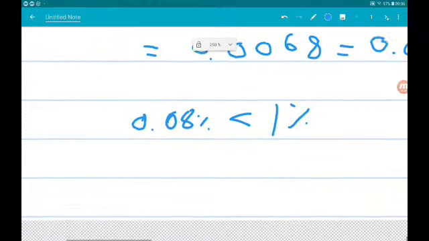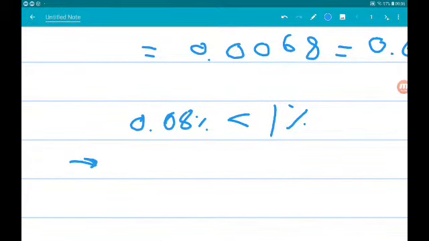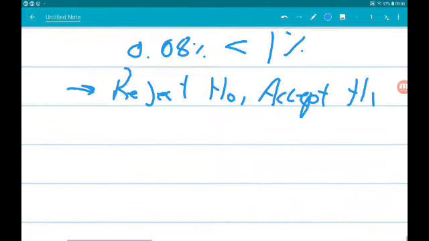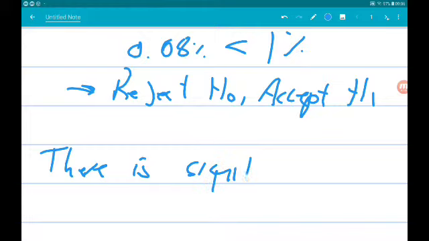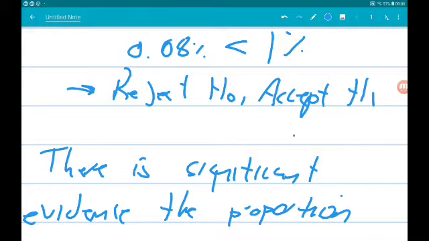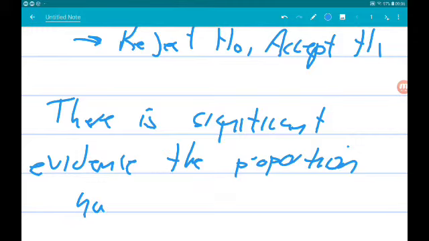So, reject H0, accept H1, and then finish with a closing statement, something along the lines of, there is significant evidence the proportion has increased. Boom.